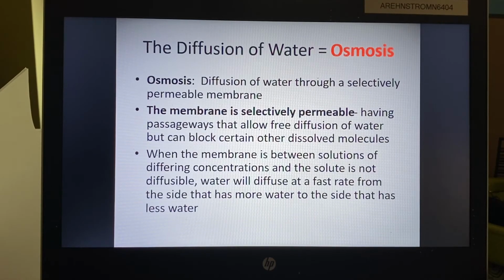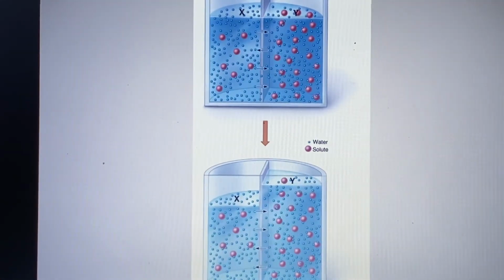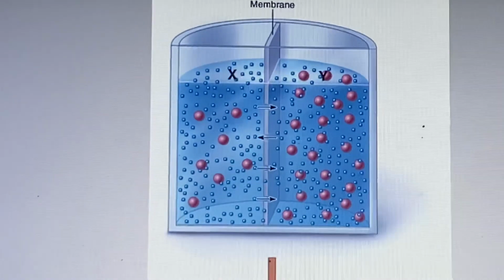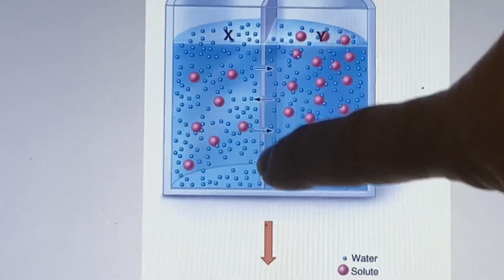The extent to which this happens, that's what osmotic pressure is. Here's an example. Let's look at this first. Let's look at this guy. Here we have a beaker of stuff, and this is our semi-permeable membrane.